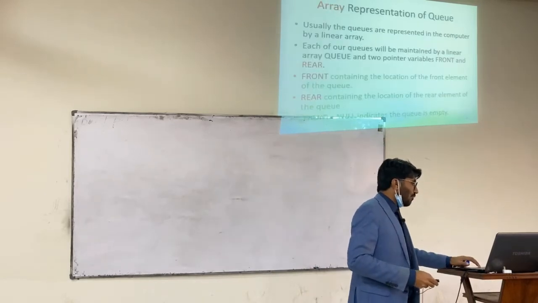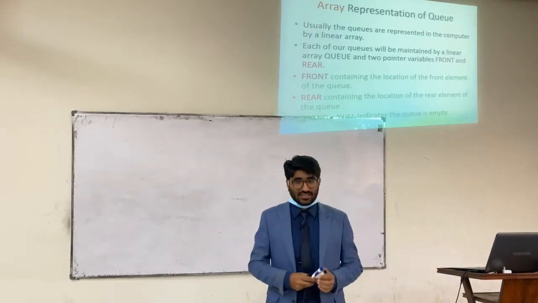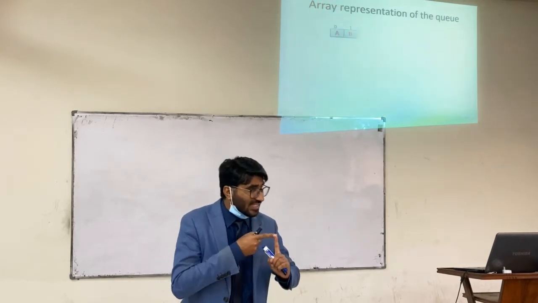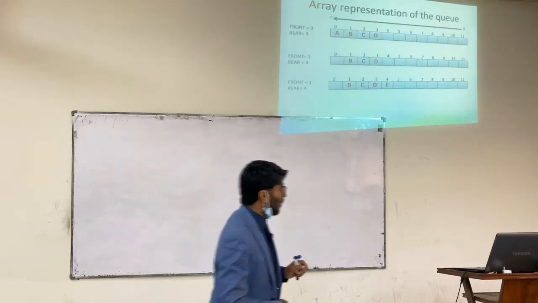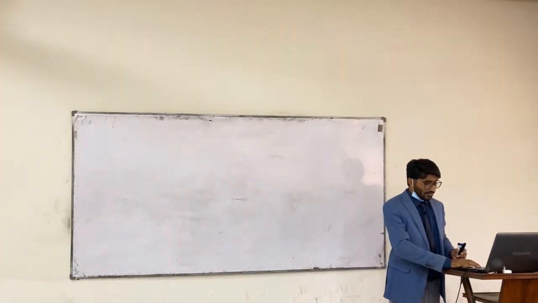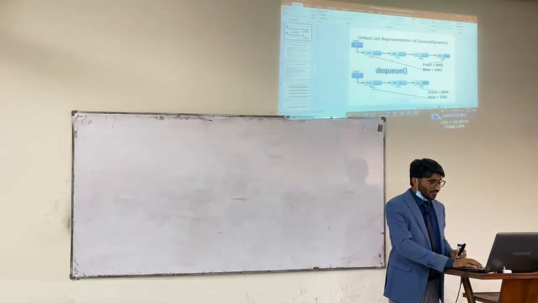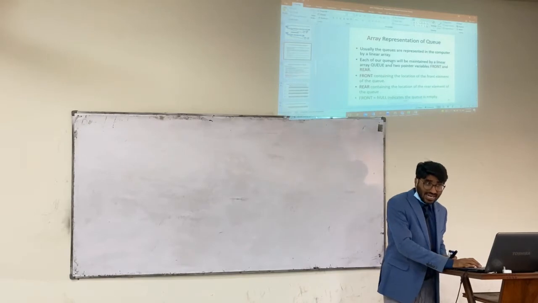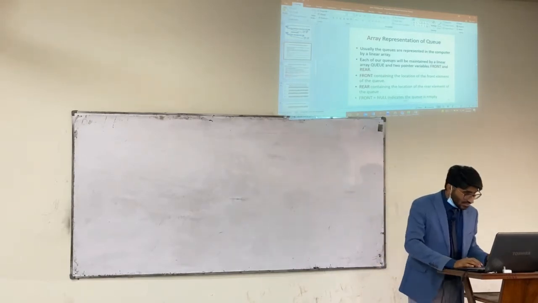So at this point, we have learned two things. Number one, if you insert new data, the value of rear will change, and if you delete data, the value of front will change.